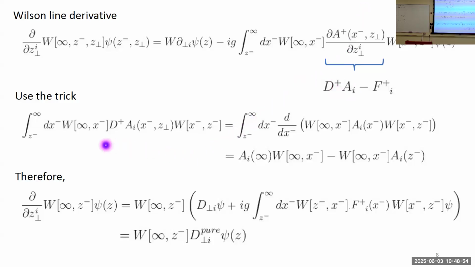I need to evaluate an integral like this, but you can actually write it in terms of a total derivative. Try to convince yourself why this is correct. Just quickly: this x minus derivative acts on the endpoint of this Wilson line and also on this Wilson line, so you get the commutator between A minus, A plus, and A i.